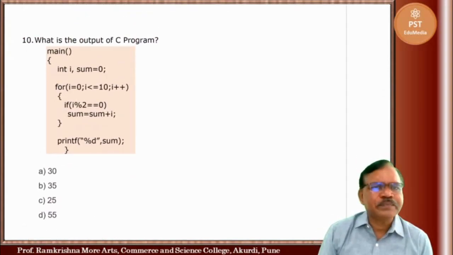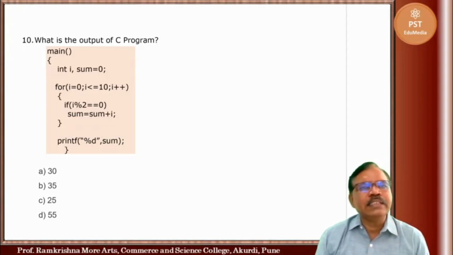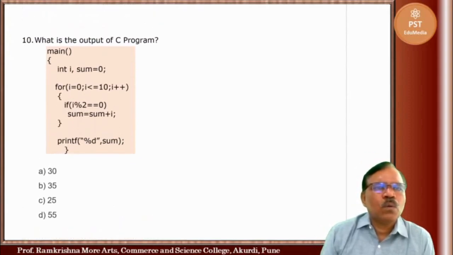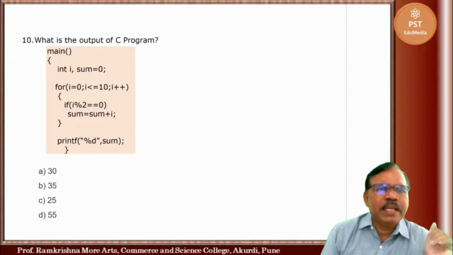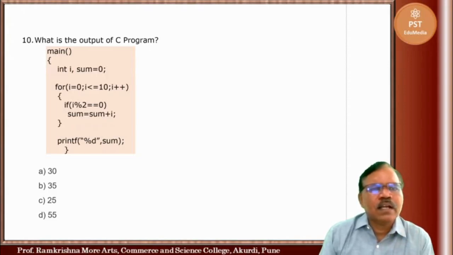Now next one, same program I have taken, but one condition is given. What is the output of C program? Main, then in main int I comma sum equal to 0, for I equal to 0, I less than or equal to 10, I plus plus.